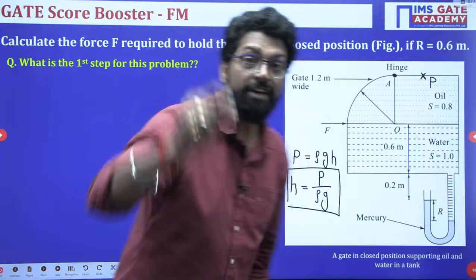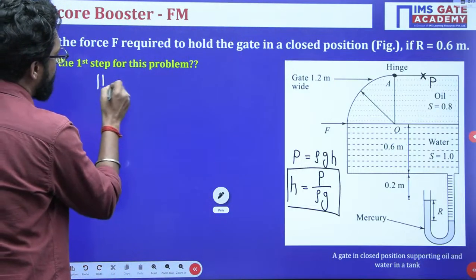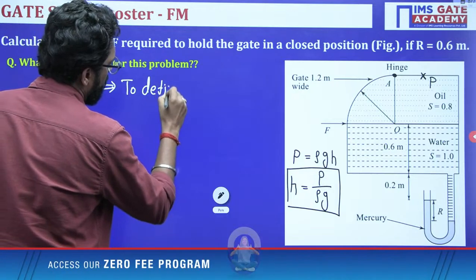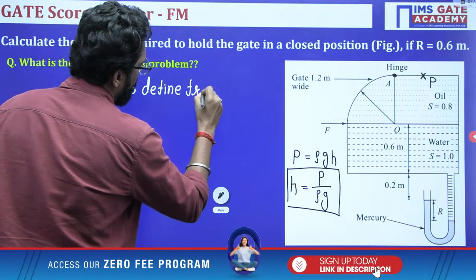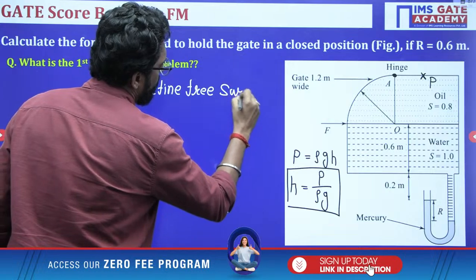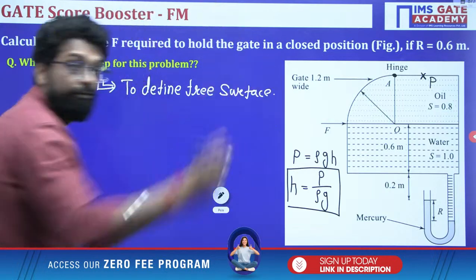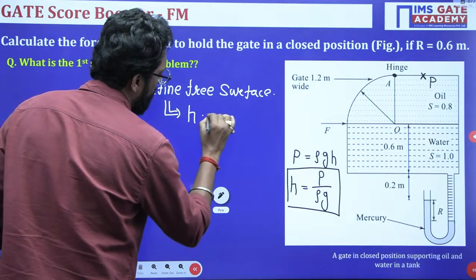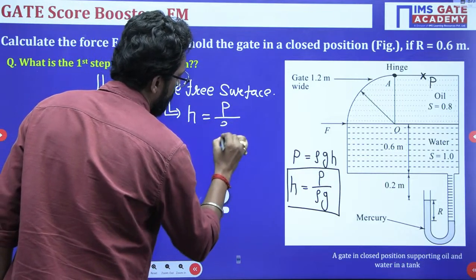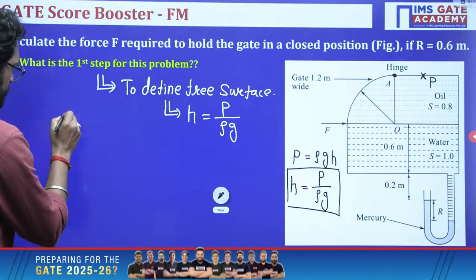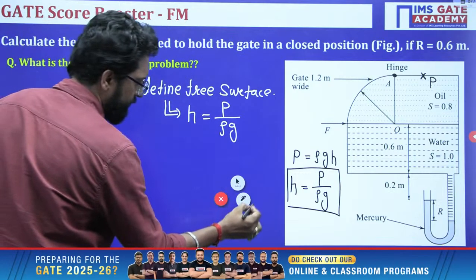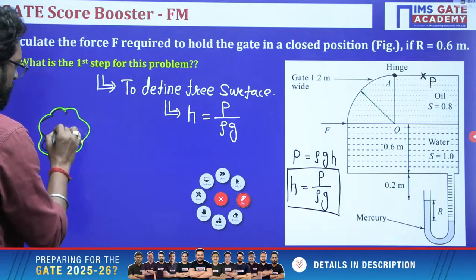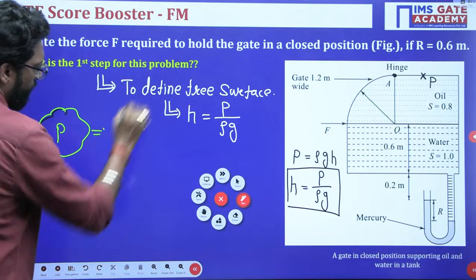That means the first step is to define the free surface. For defining the free surface, we want H, and H is equal to P by rho g. So first is to find P. What is the pressure?